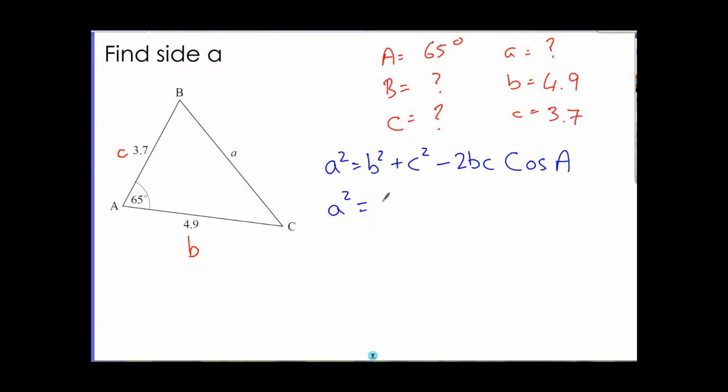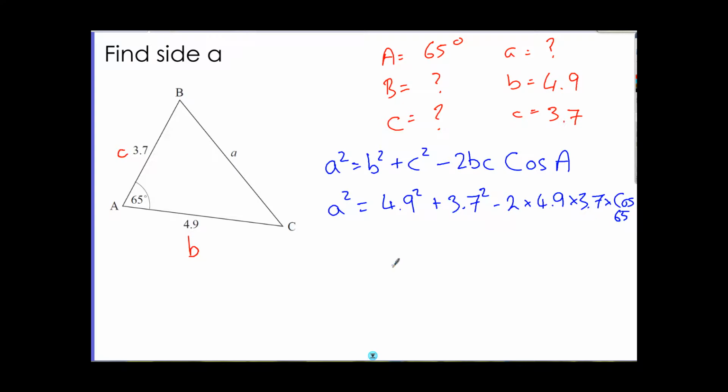So side b is 4.9 squared. We'll add 3.7 squared. Take away 2 times 4.9 times 3.7 times cos of 65. Ran out of space a little bit there.